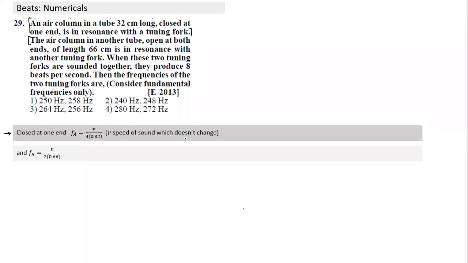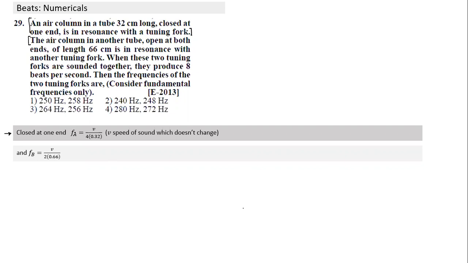Sorry, I think some of those who missed the class, I'll write it again. So the first part, this sentence, we have applied the closed tube formula. Closed tube FA is equal to V by 4L. And all we have to keep in mind, speed of sound is the same because all the experiments are done in air only. Air speed is constant, V is constant. And what is FA here?